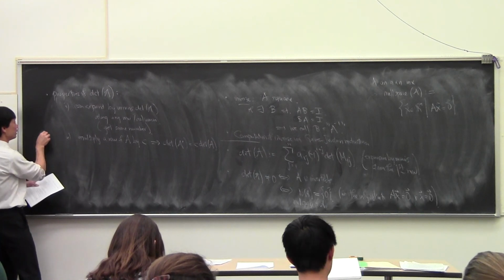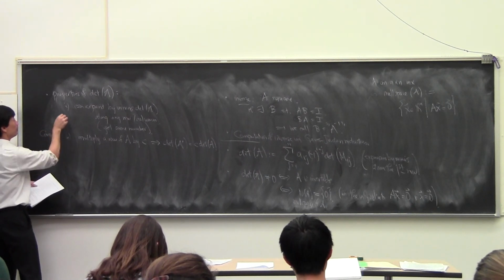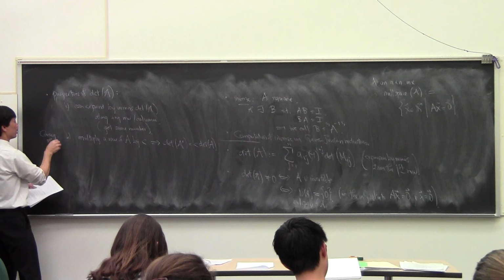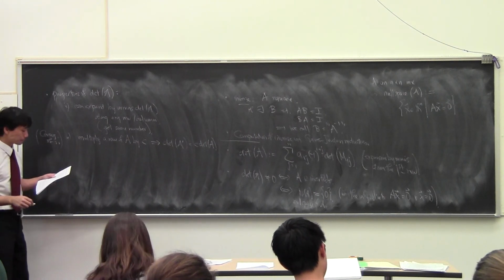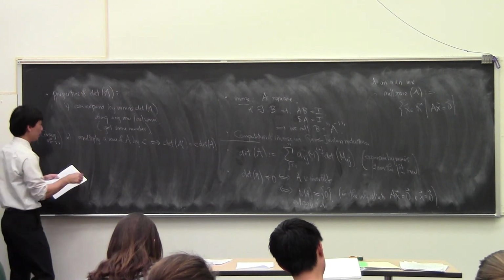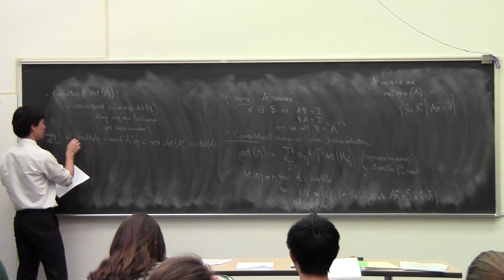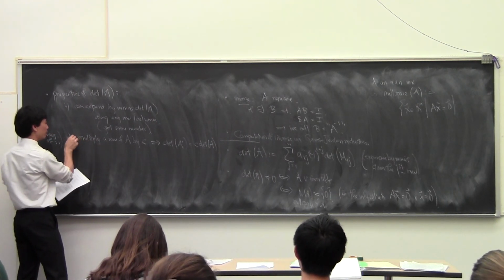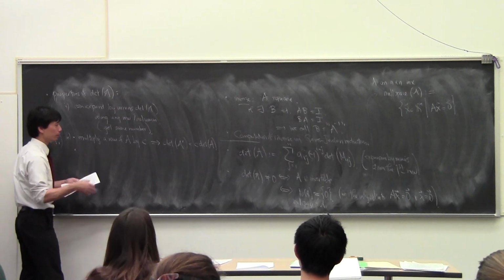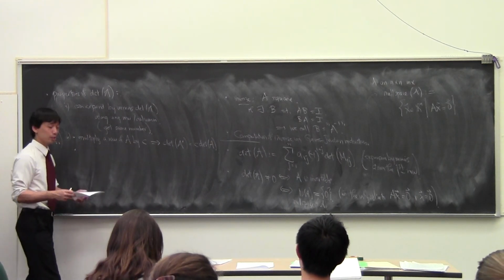These are consequences of part one. If you multiply a row, you multiply the determinant.